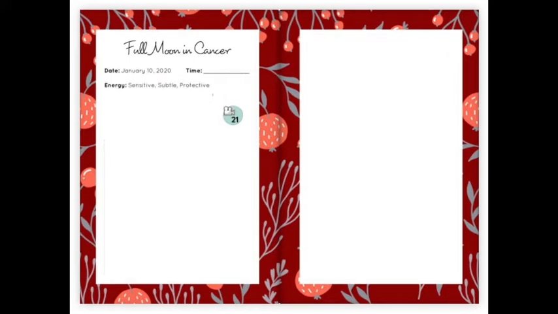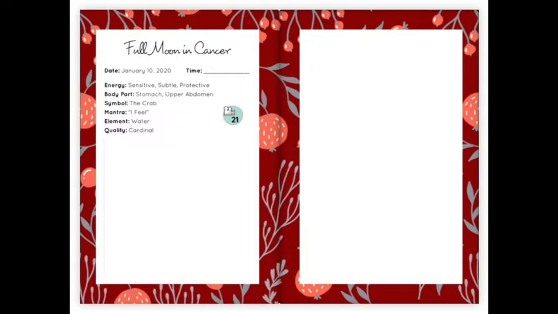And then there's some information that corresponds to the guided meditation that you will find in your lesson area. So in the guided meditations for the full moon, you will need to know about the body part that is ruled by the zodiac sign, the symbol of the zodiac sign, the mantra of the sign, and the elements associated with it, as well as the quality of the sign.